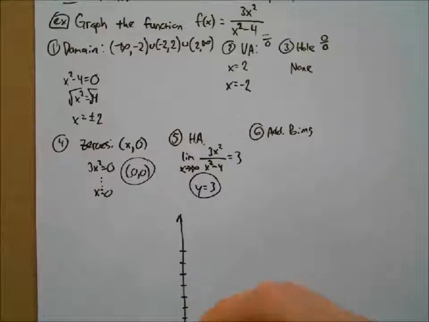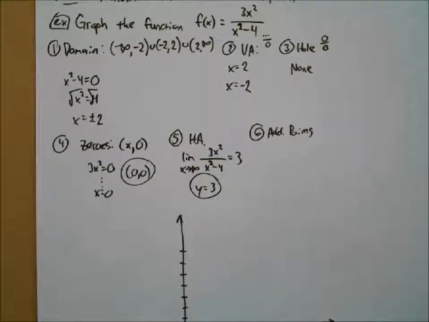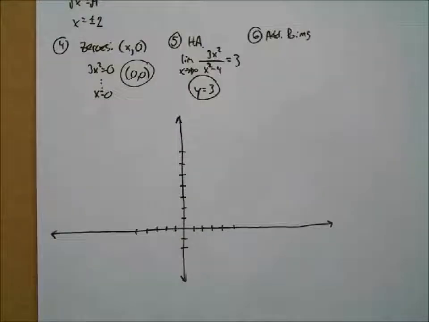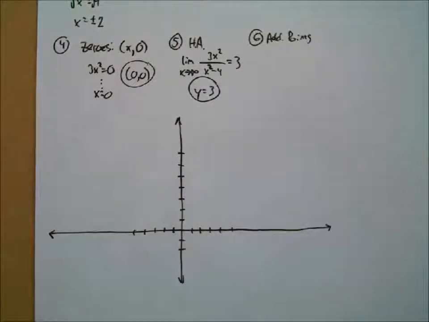Hopefully that'll be enough there. We'll see. Oops, I'm off the screen. There we go. All right, so I'm going to plot our vertical asymptotes here at 2. I'll use a different color now that I'm graphing.